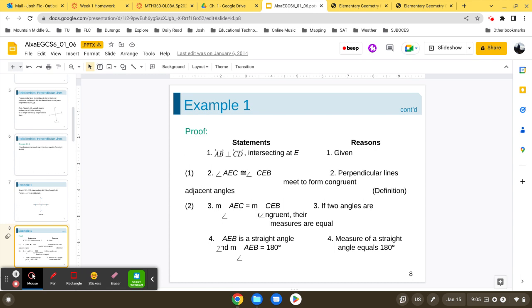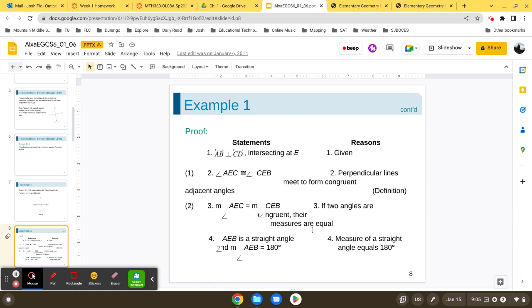Here's how we get there. We start off by saying that they are perpendicular. That's our given. Because they're perpendicular, we can state that those perpendicular lines create congruent angles, and that's by the definition of perpendicular lines. From there, we can say that the measure of angle AEC is equal to the measure of angle CEB.